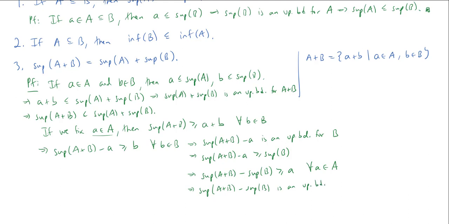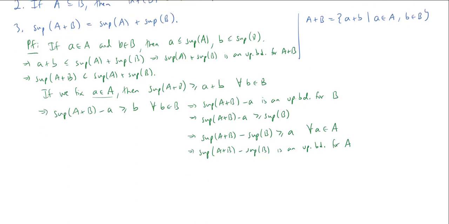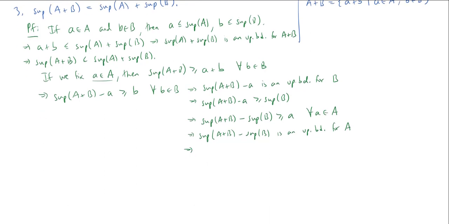For which set this time? For A. But if it's an upper bound for A, then it must be greater than or equal to the supremum of A. So the supremum of A plus B minus the supremum of B is at least the supremum of A.